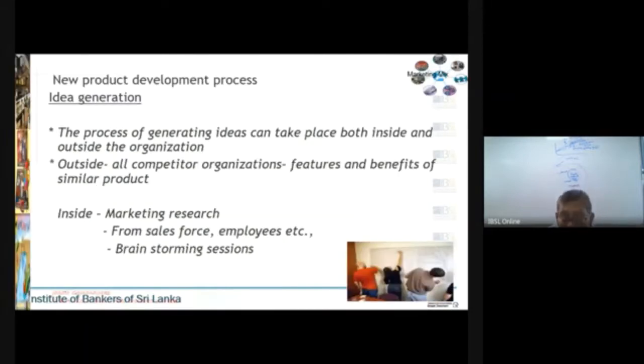Okay, now let's look at how to develop a new product. Now, for example, you have joined a newly established bank in Sri Lanka as a bank marketing manager.